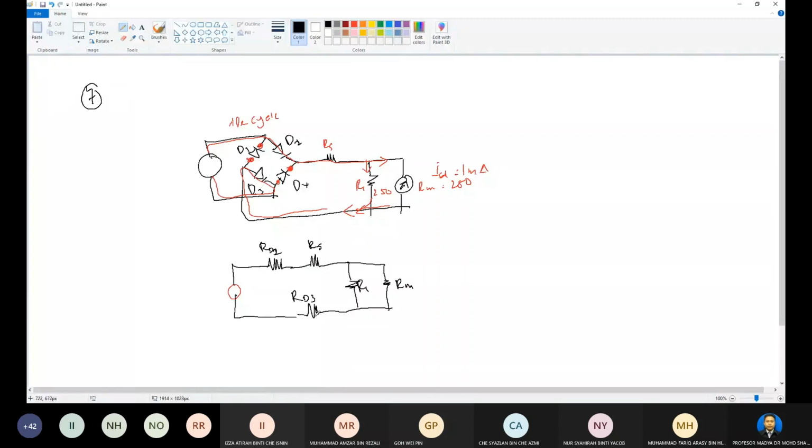And then this is another one, RD3. This is RD1, sorry, this is RD2. This is RS here, and then this is RD3, then R1 and RM. And go for the supply. This is a circuit we can draw again for the positive cycle like this.